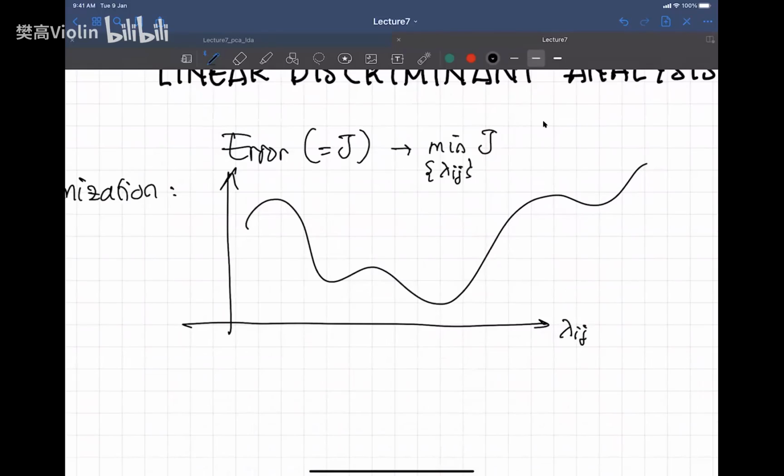In the end of the day, we want to reach the minimum, the minimum error. That's the goal.